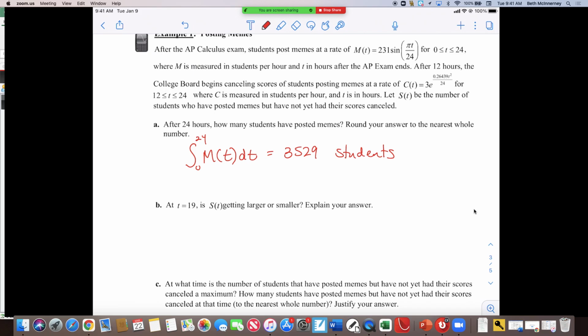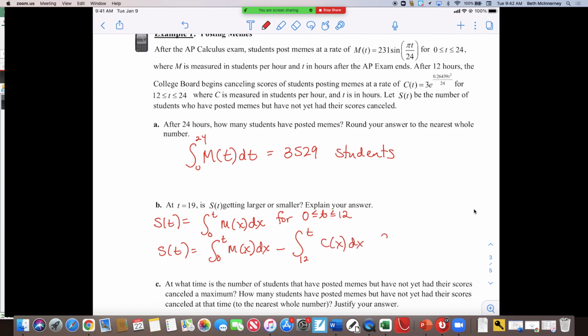Okay, well, S of t is 0 to t, and I'm going to just change the variable. If this is time 0 to 12, but S of t is going to be from 0 to t of m of x dx minus 12 to t of c of x dx for the time 12 to 24.